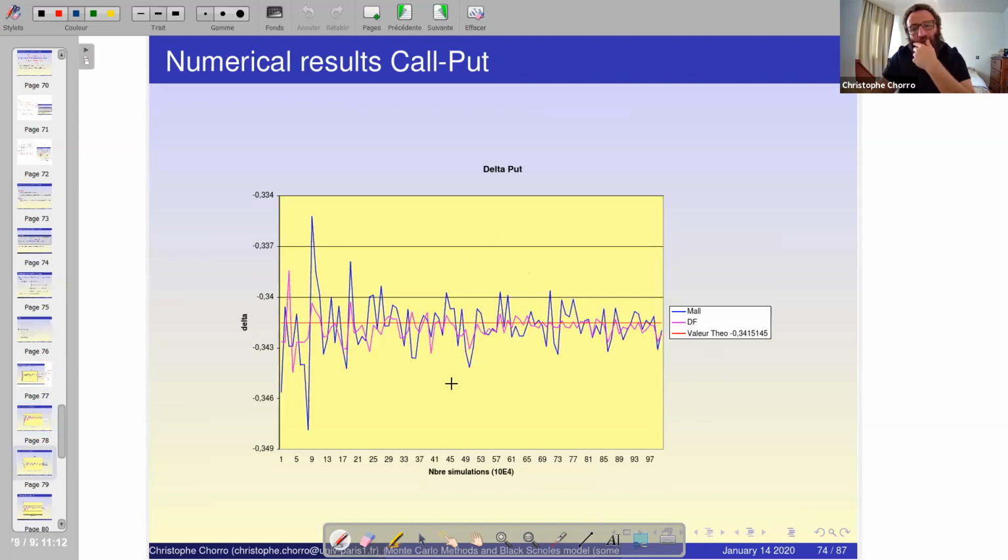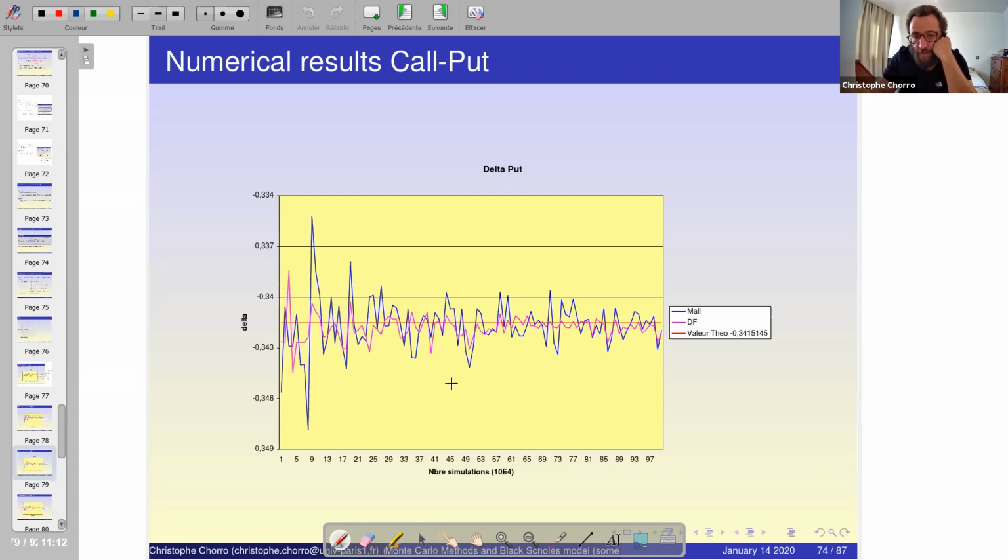Here you have the same thing, not for the call, but for the put, the delta of a put at time t equal to 0. Once again, you see that the pink, that is finite difference plus Monte Carlo, seems to be a little bit better than the blue, that is the one using the result of slide 66.